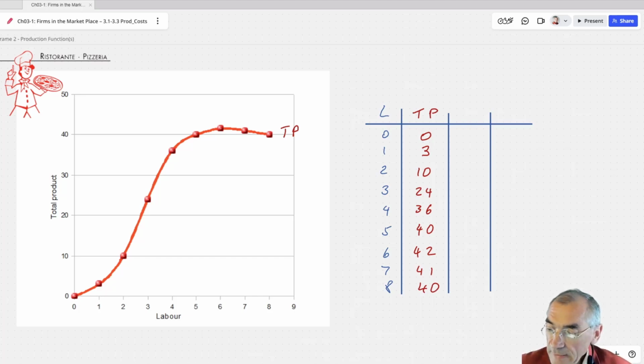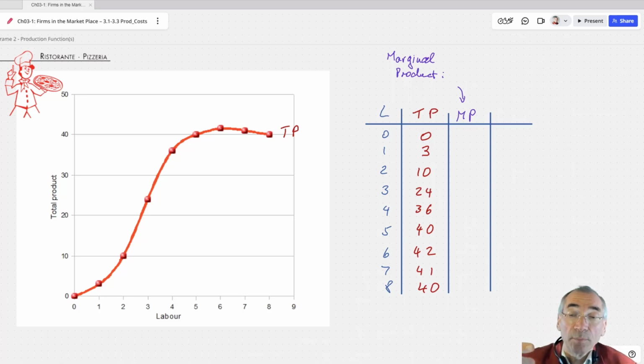Now, what about these changes? MP, marginal product. We already heard a bit of marginal when we discussed Mankiw's principles. People think at the margin, and we define the margin sort of as the extra outcome, the outcome if I add something extra.